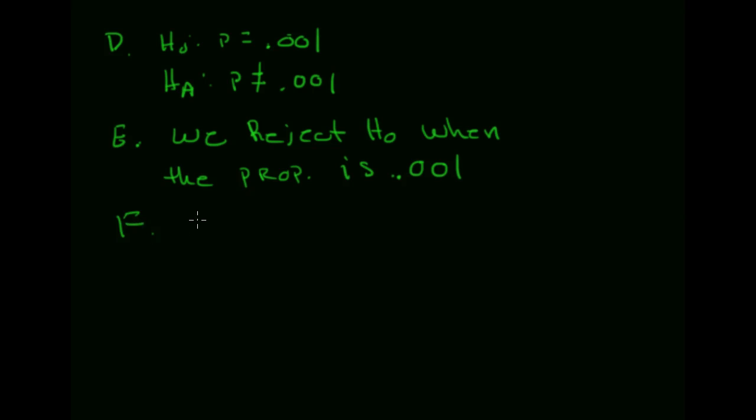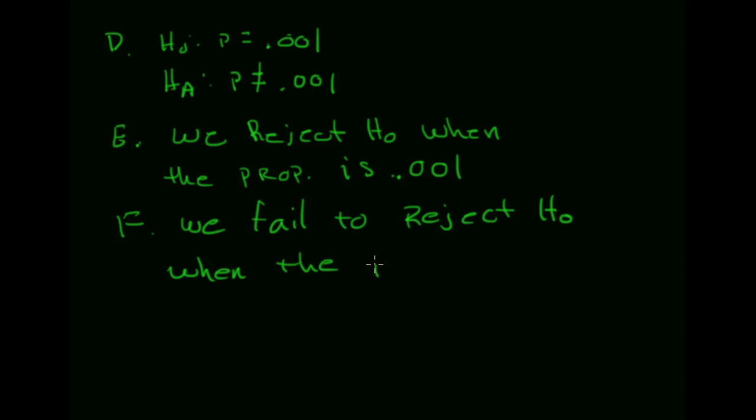And F, the type 2, is going to be we fail to reject the null hypothesis when the proportion is not 0.001. Okay, so there we go.